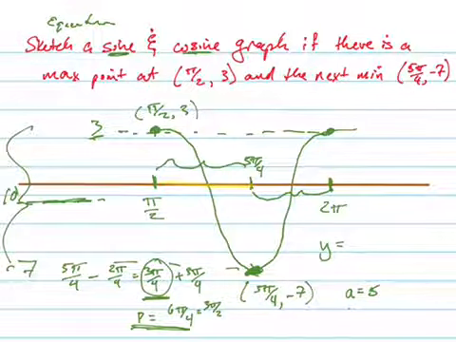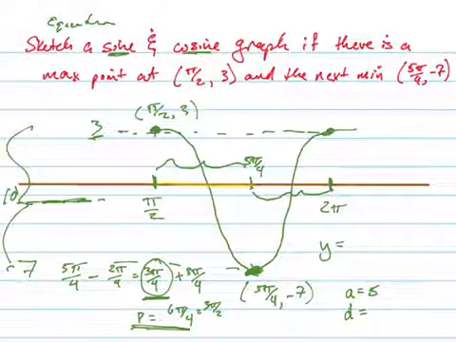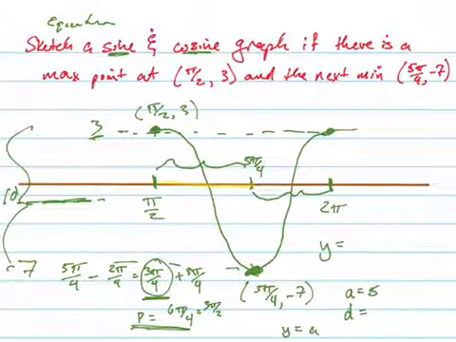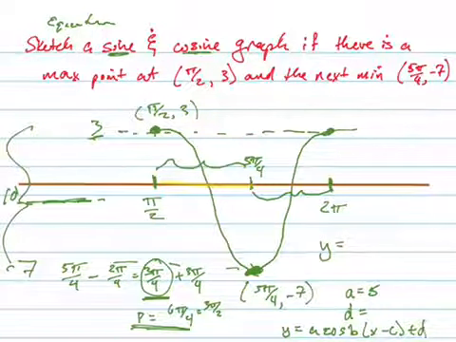So that was our D. If we're using the equation y equals A cosine B(x minus C) plus D, D was our vertical shift.